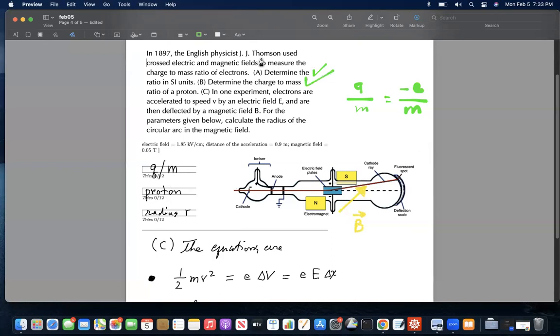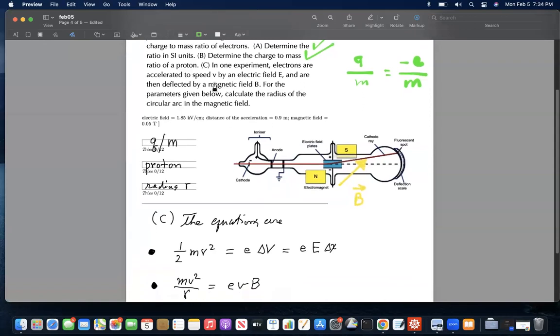So far we haven't had to do any work. Just look up the constants and calculate the ratio. But now part C is a calculation. It says in one experiment, electrons were accelerated to a speed v by the electric field, namely this electric field, and then deflected by a magnetic field, namely this magnetic field, B, which was known.